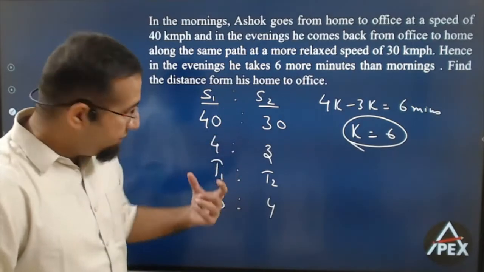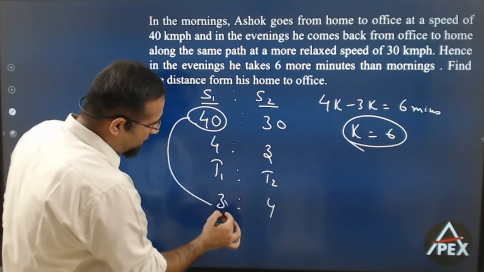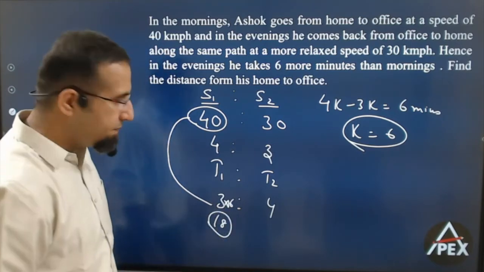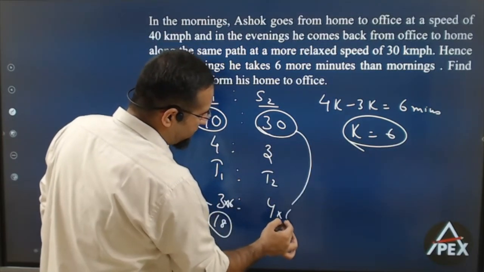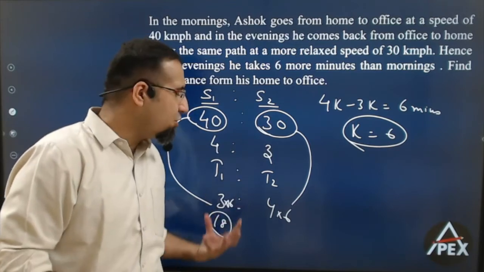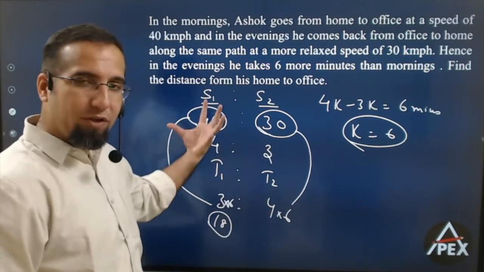6 minutes. So if he's traveling at a speed of 40, he is taking 3 into 6, that is 18 minutes to cover this distance. And if he's traveling at 30, he is taking 4 into 6, that is 24 minutes. Now the question has asked us the distance, so I can do either of the calculations.